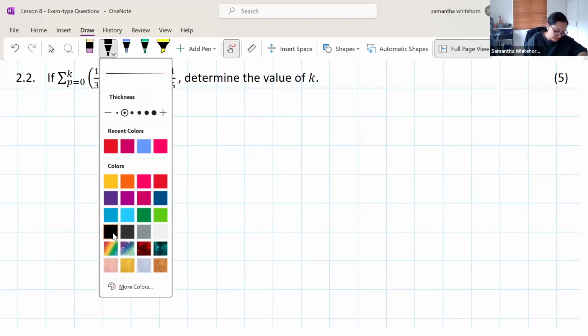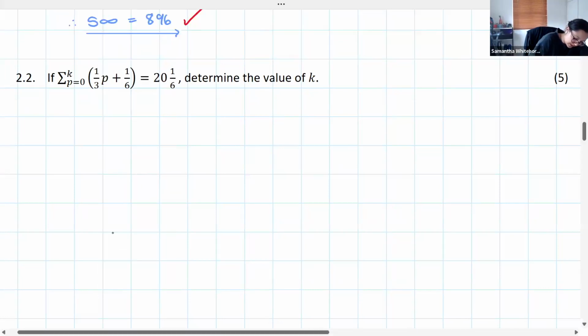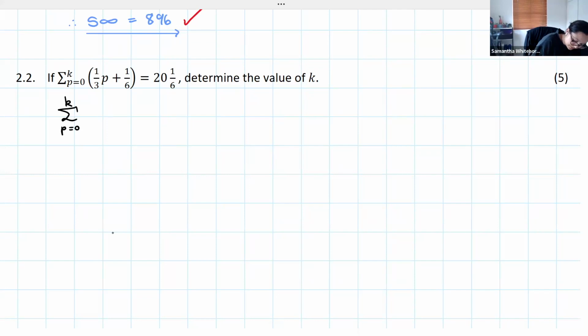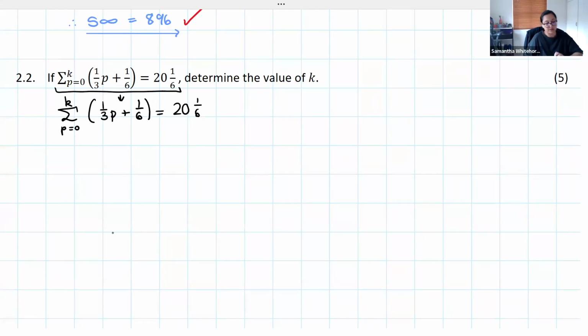Like I said, I don't know why my sigma typed out a bit odd, but this is saying the sum of p equals 0 to k of the sequence a third p plus 6 is equal to 20 and a 6. Okay, so this sigma up here, it basically looks the same. The actual sigma part just went weird, and I could not tell you why, so I'm sorry about that.